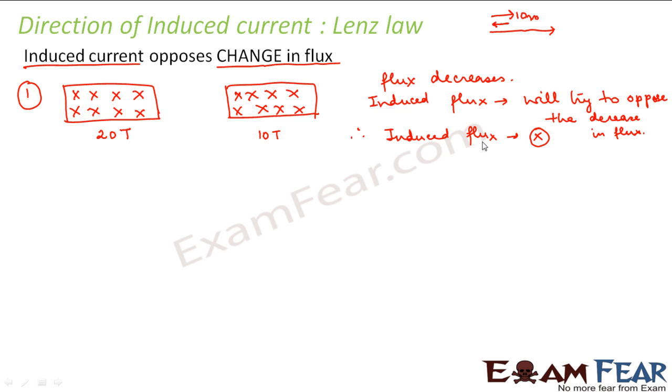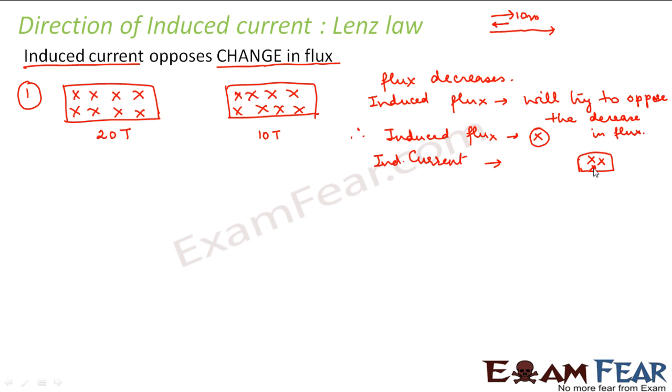Now, if induced flux is in the downward direction, what should be the direction of induced current? Now you just apply your right hand thumb rule, the rule which we studied in our previous chapter. That means if you have a circuit like this, you are saying that the flux is in the downward direction, right?